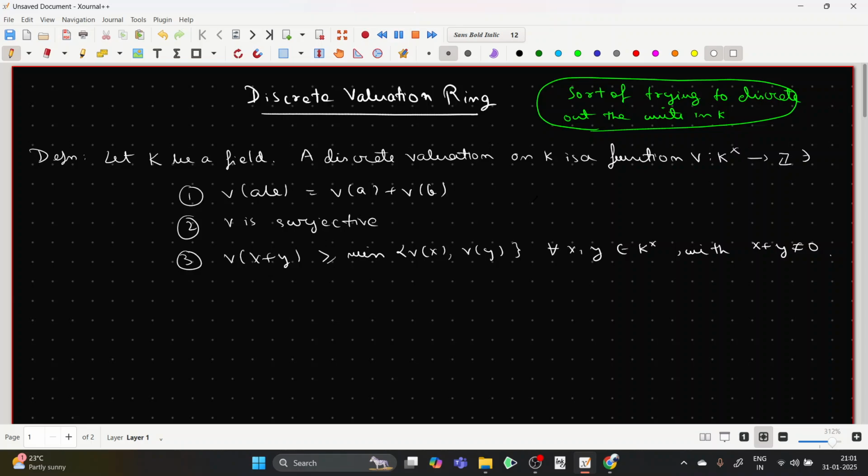Now this is the discrete valuation defined, right? Now we need to define the discrete valuation ring.